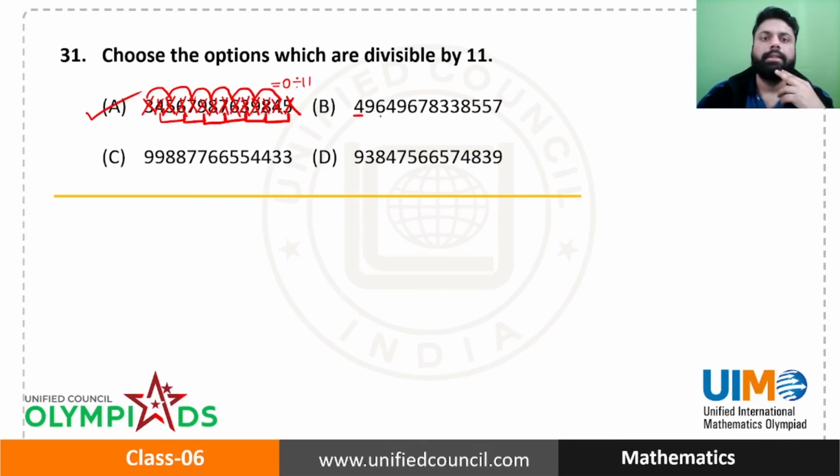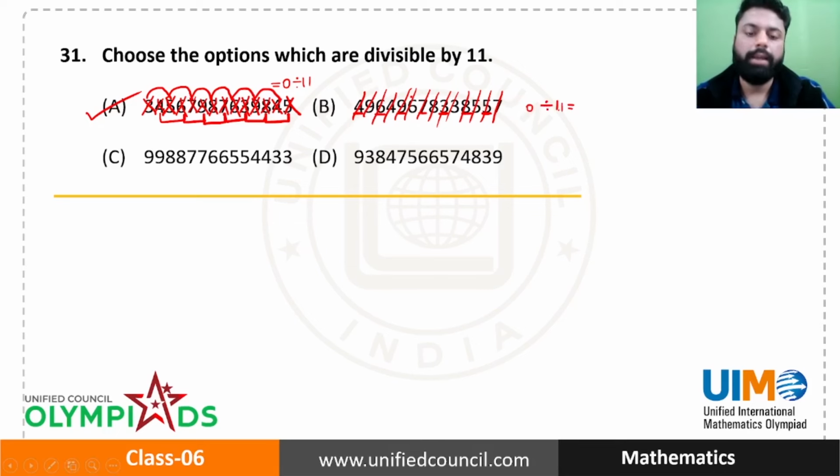In this case, let's look at the alternating digits. See, 4, 4, 9, 9, 6, 6, 7, 7, 5, 5, 8, 8, 3 and 3. Basically the difference is 0, so that is divisible by 11.